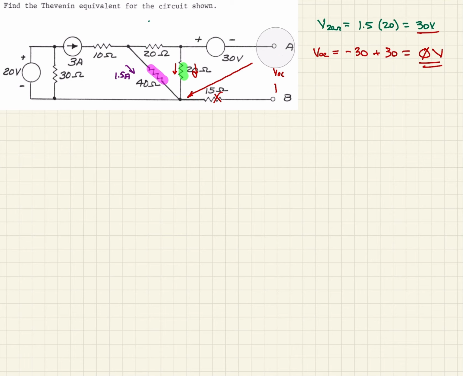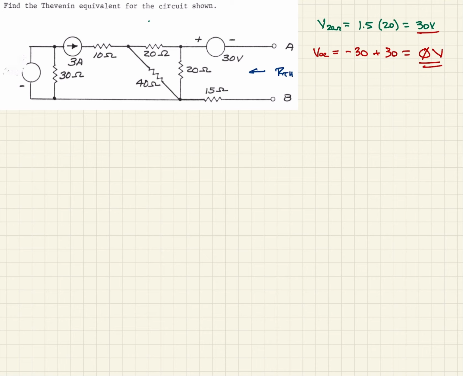So now we can reset our circuit here. And the next thing we need to find is our Thevenin resistance. And that's going to be looking back into this circuit. And remember, when we are calculating the Thevenin resistance, we short out voltage sources.